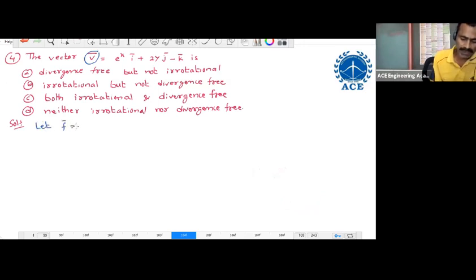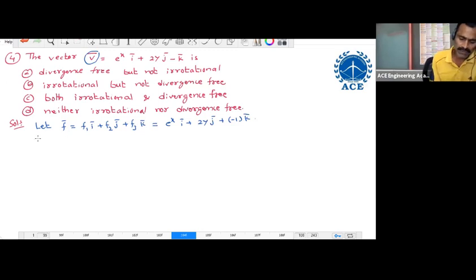Let f bar equal f1 i bar plus f2 j bar plus f3 k bar. So we take the given vector as e^x into i bar plus 2y into j bar plus minus 1 into k bar.